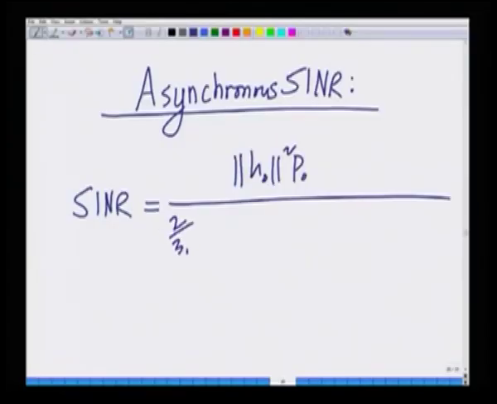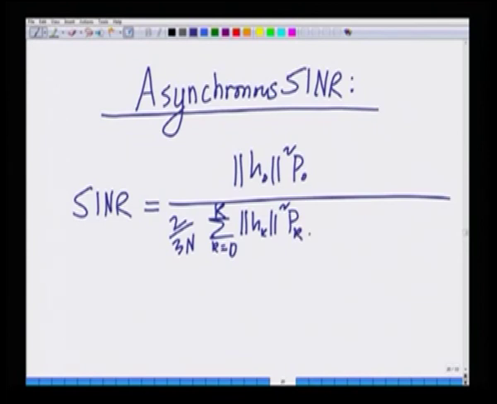So, this becomes 2 over 3n summation k equals 1 to K, or k equals 0 to K, norm h k square p k.